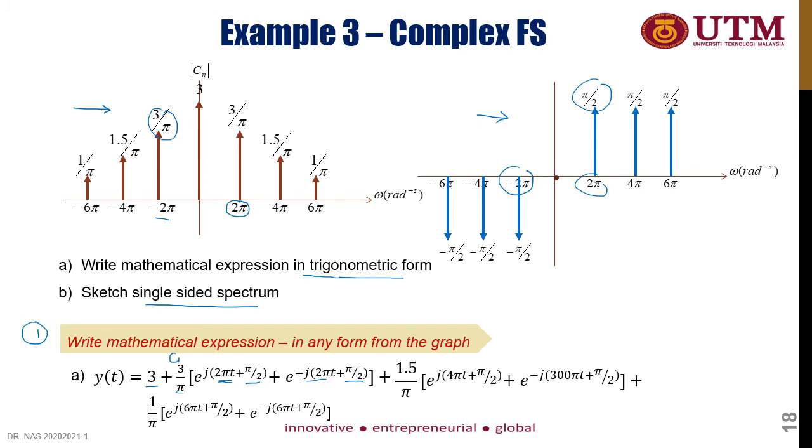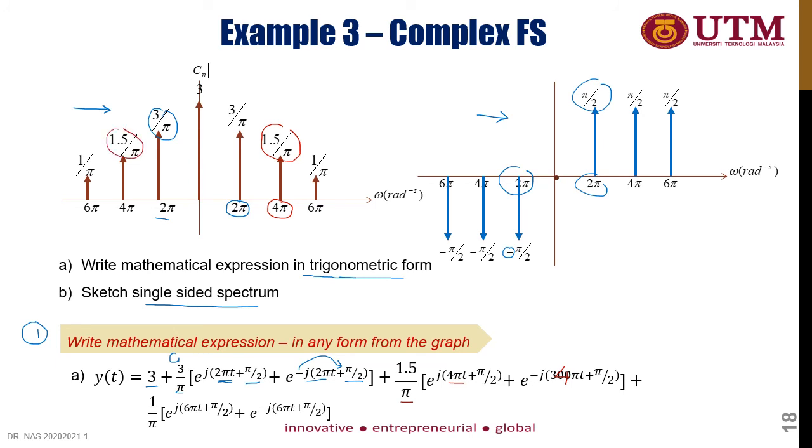In this case, it is negative pi over 2, so make sure the multiplication will produce negative pi over 2. Move on to omega equal to 4 pi. Now the magnitude is 1.5 over pi, for positive frequency 4 pi and negative frequency 4 pi. Same magnitude.